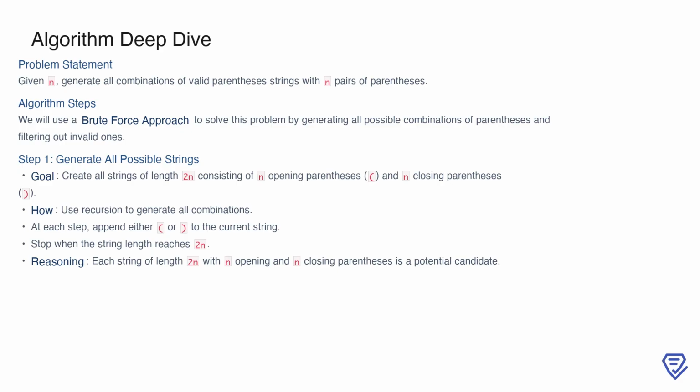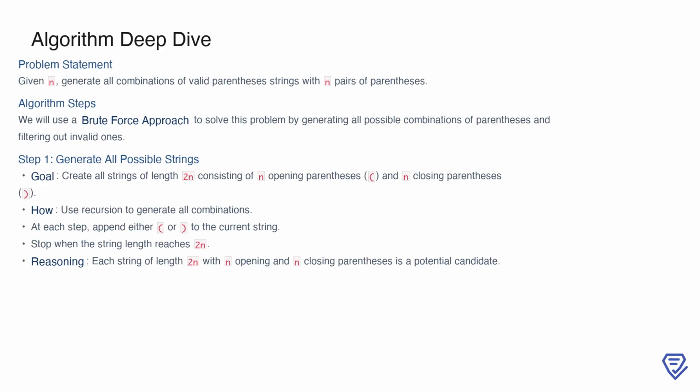We continue this process until the string reaches the required length of 2n. This ensures that we explore every combination of n opening and n closing parentheses. By generating all these combinations, we lay the groundwork for identifying which ones are valid. Although this approach produces many invalid strings, it guarantees that no valid combination is missed, making it a comprehensive starting point for the solution.